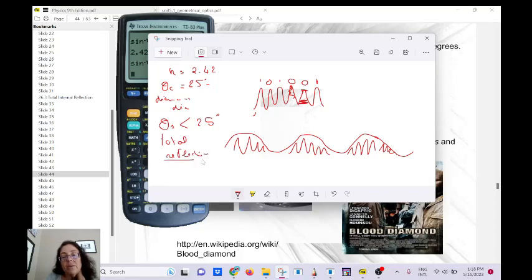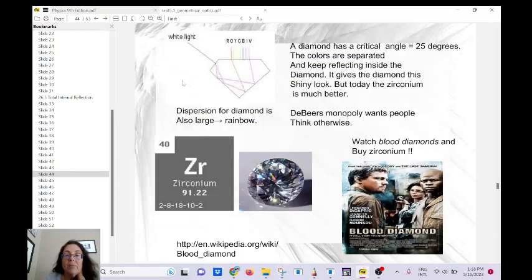That makes the diamond very shiny, because white light enters the diamond, and especially when it's cut in such a way that the angle of incidence is always larger than 25 degrees, it bounces and bounces and bounces off.